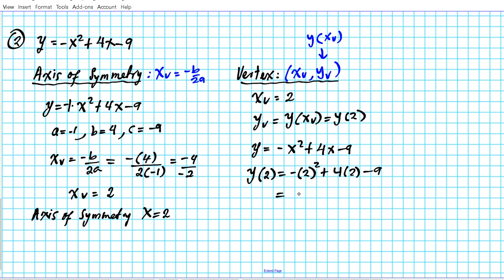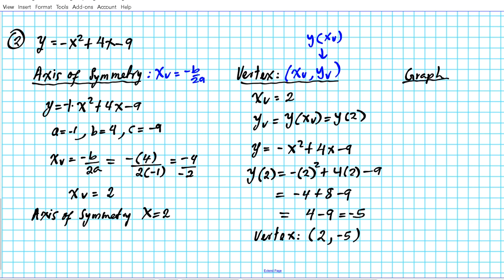Applying the order of operations here, we have negative 4 plus 8 minus 9. Negative 4 plus 8 is 4, minus 9, and that gives us negative 5. So our vertex is the x-coordinate of the vertex and the y-coordinate of the vertex, which is 2, negative 5. All right, let's go ahead and graph the function. It's just a sketch.